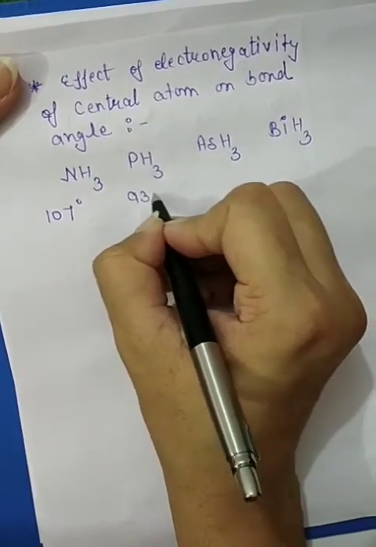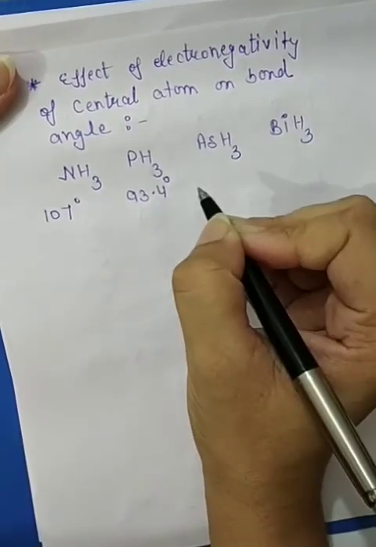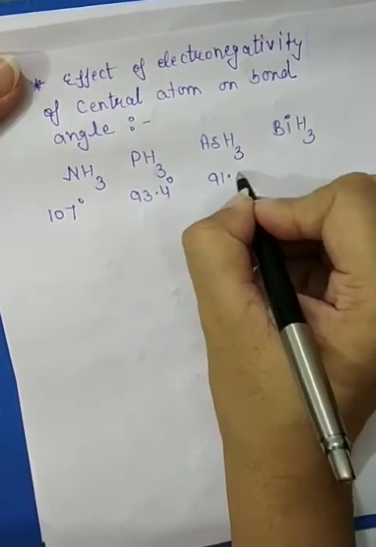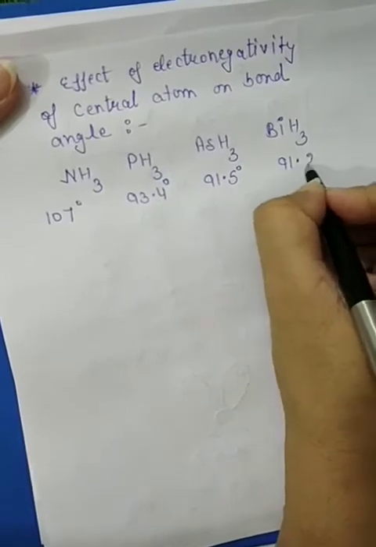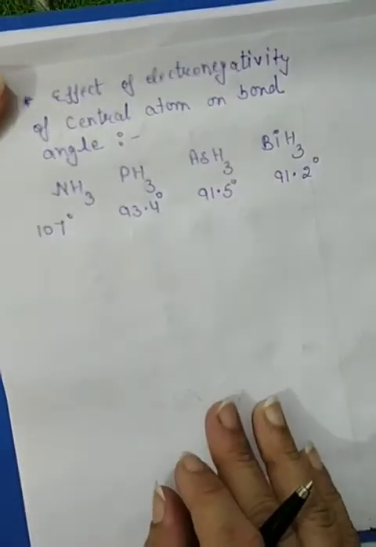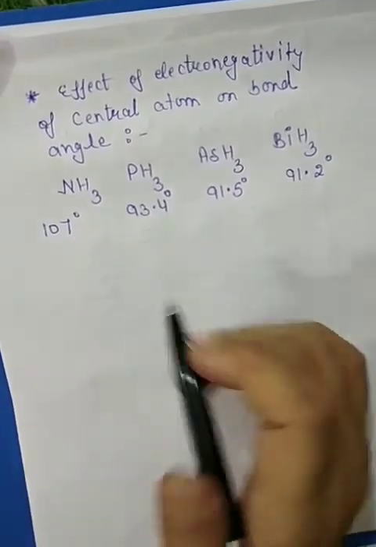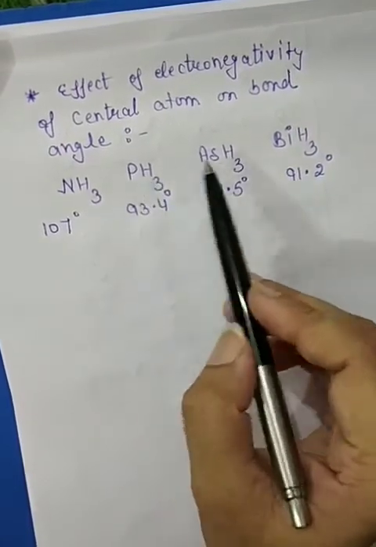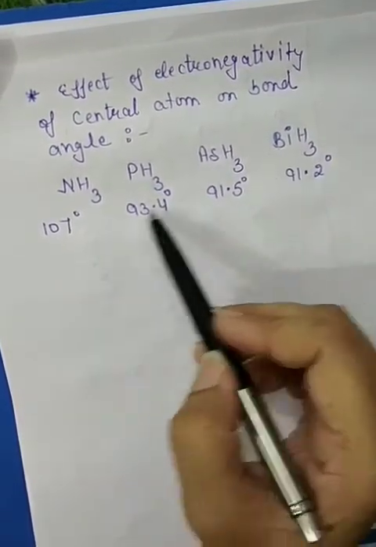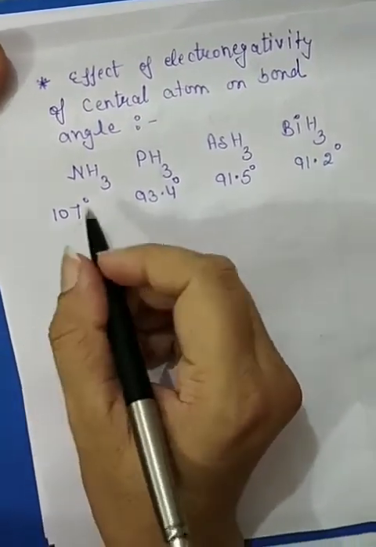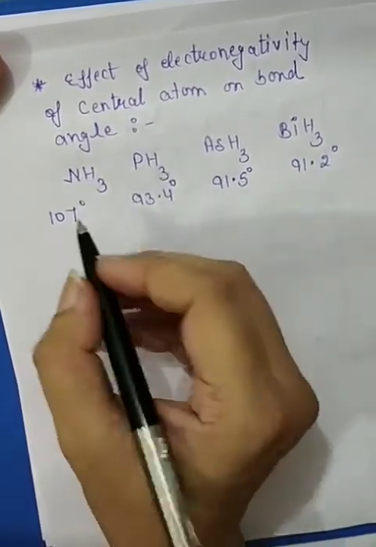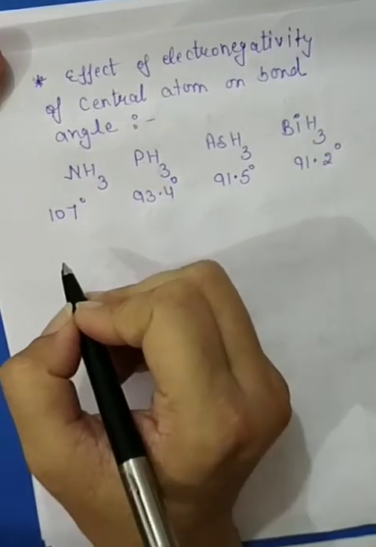It is 93.4 degrees, 91.5 degrees, and in this case it is 91.2 degrees. What we see is, as we move down in the hydrides of group 15, the bond angle decreases. So why is it so? It depends upon the size of the central atom and its electronegativity.